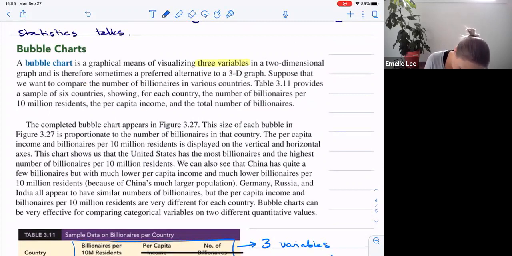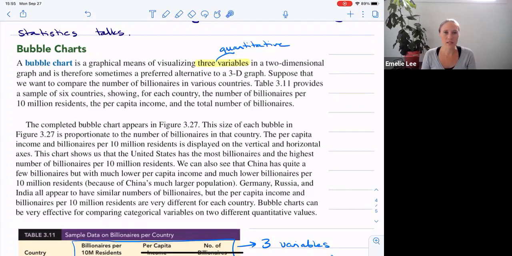Yeah, I would probably insert quantitative variables. Or my word cloud would just be quantitative spelled out. Quantitative. Helping myself spell it.